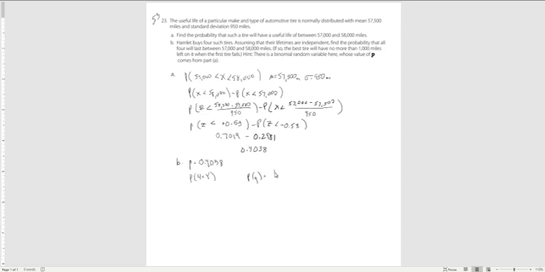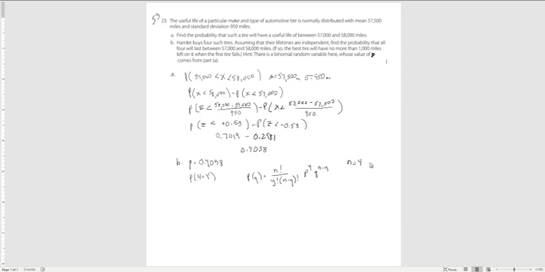So we have n factorial over y factorial times n minus y factorial, times p to the y times q to the n minus y. Oh my goodness. So in this case, the number of trials we have is 4.